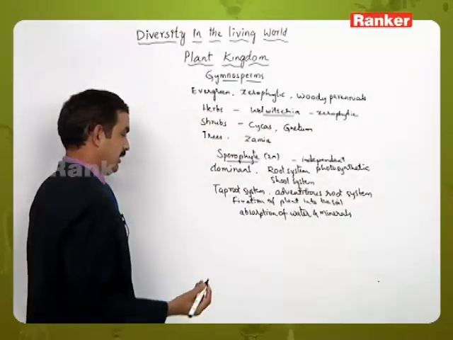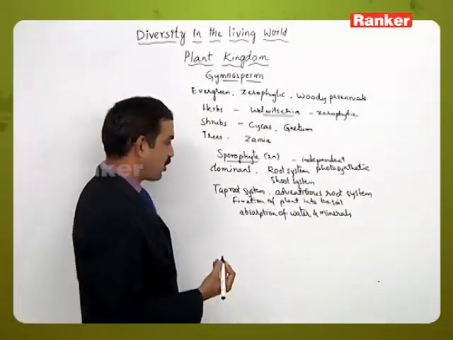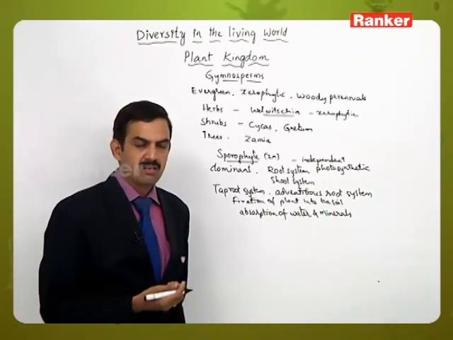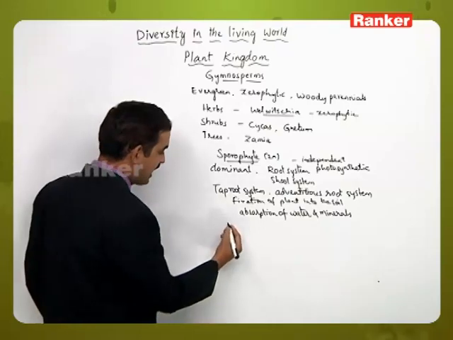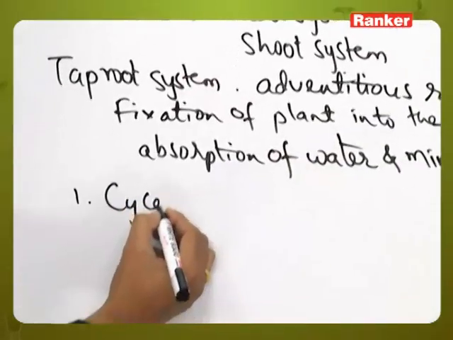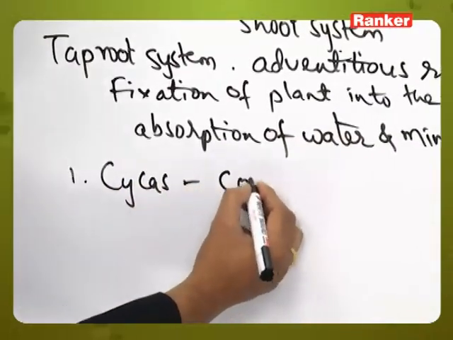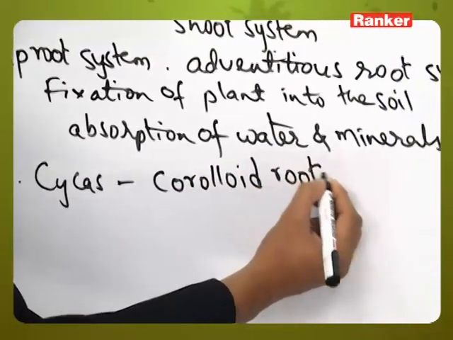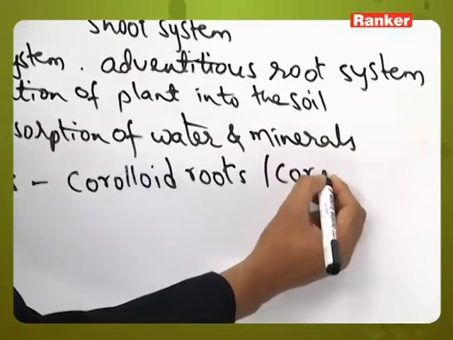Then there are some members showing special or particular features, like in Cycas, where we can see the presence of coralloid roots or corallorhiza.